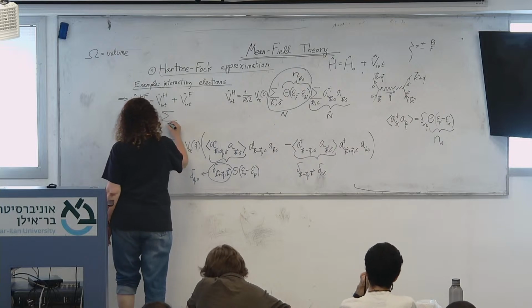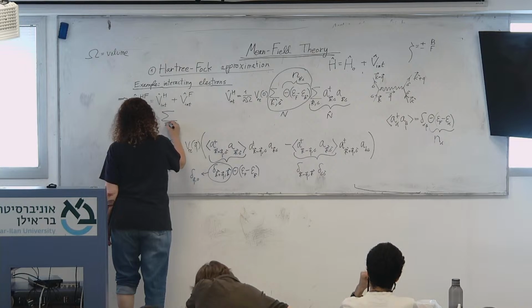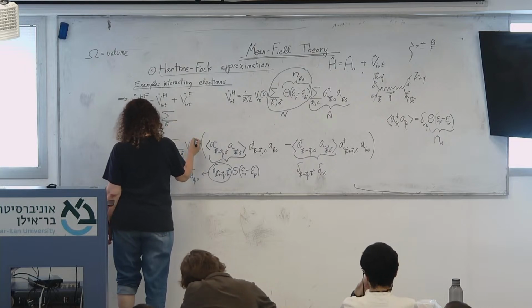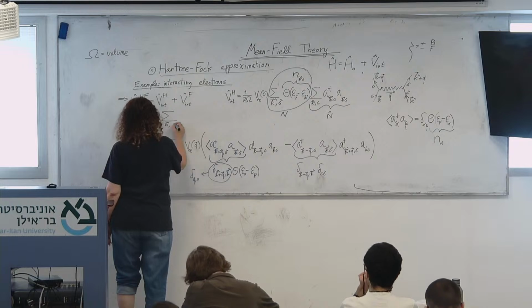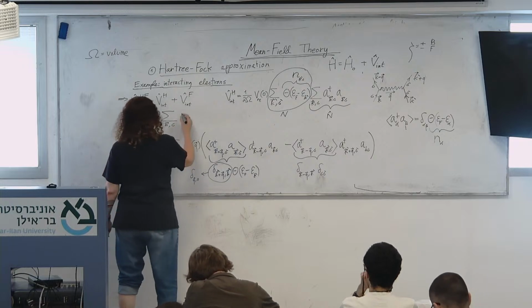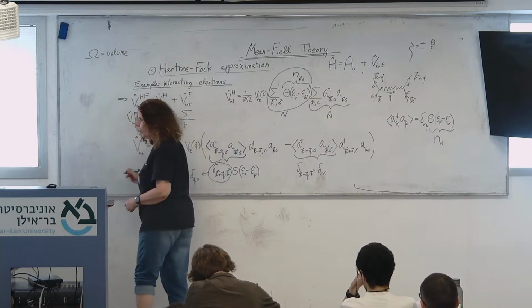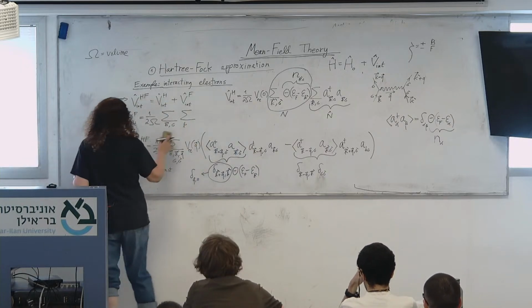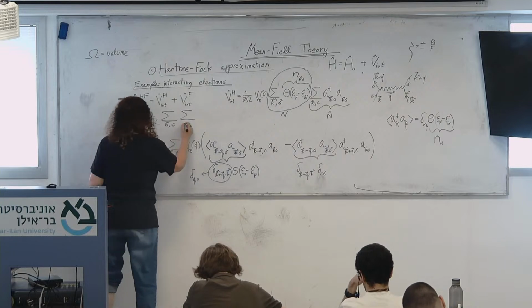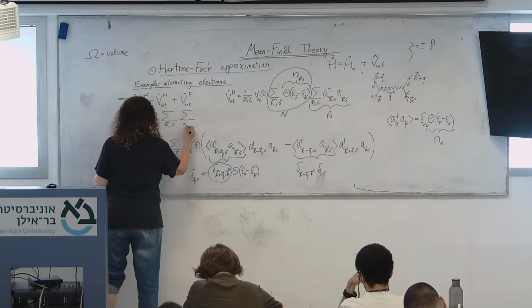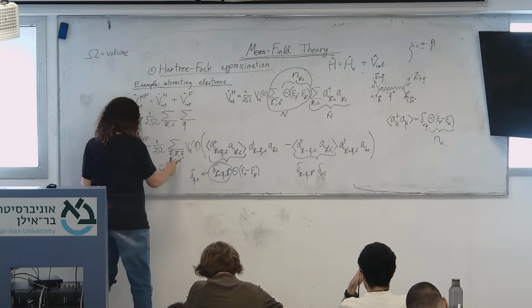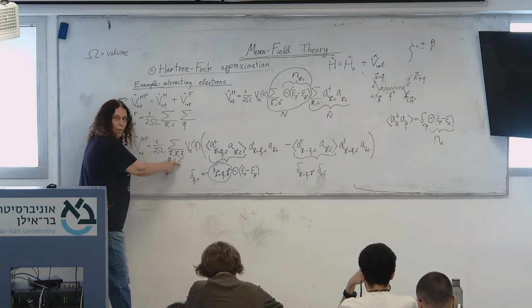I want to sum over K and sigma, and then sum over Q. I'm deliberately replacing it, sorry. And I no longer have another sigma prime.